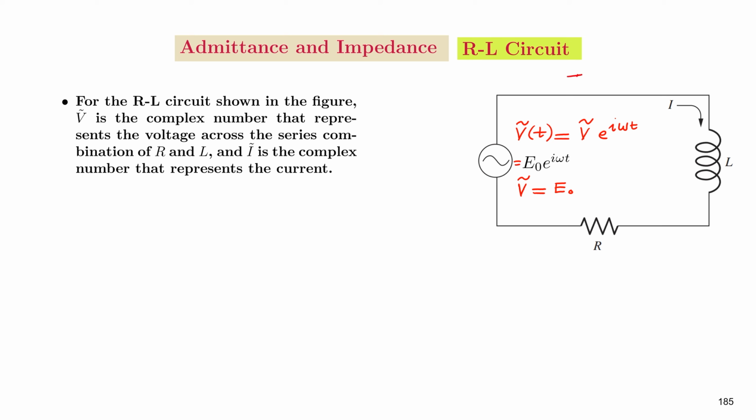The complex voltage results in a complex current I(t) in the circuit, which is I e raised to i omega t.